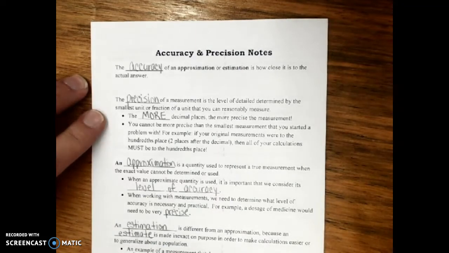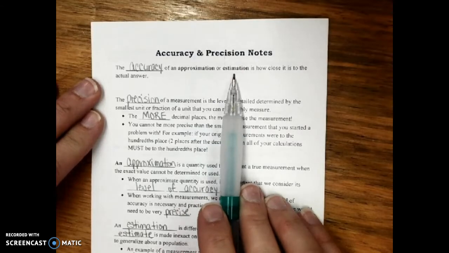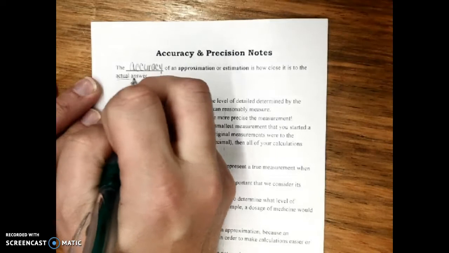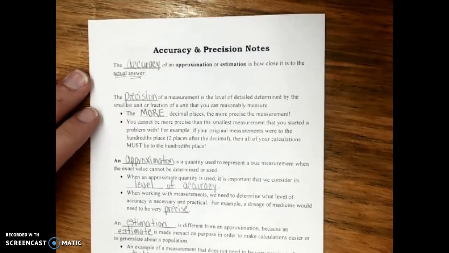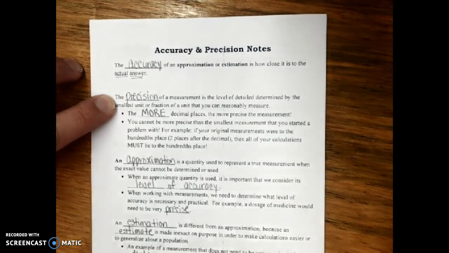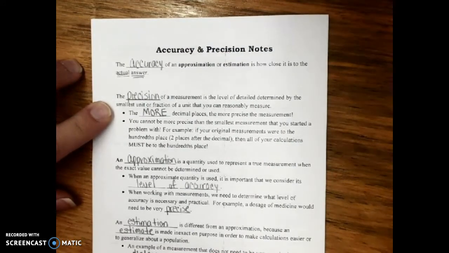Accuracy is the approximation or estimation of how close it is to the actual answer. So how accurate I am is how close I get to the actual real answer. The precision of a measurement is the level of detail determined by the smallest unit or fraction of a unit that you can reasonably measure.